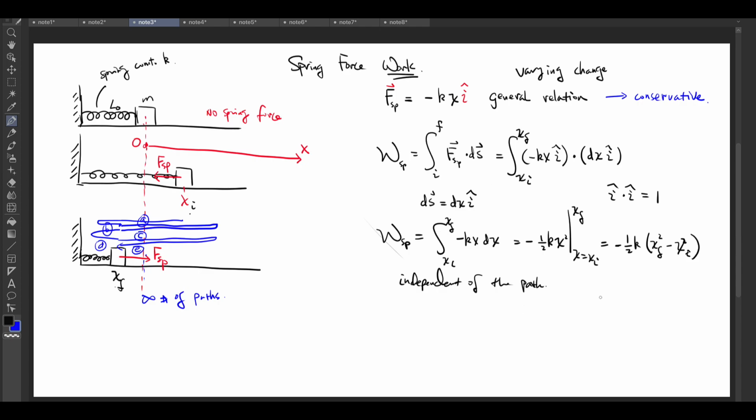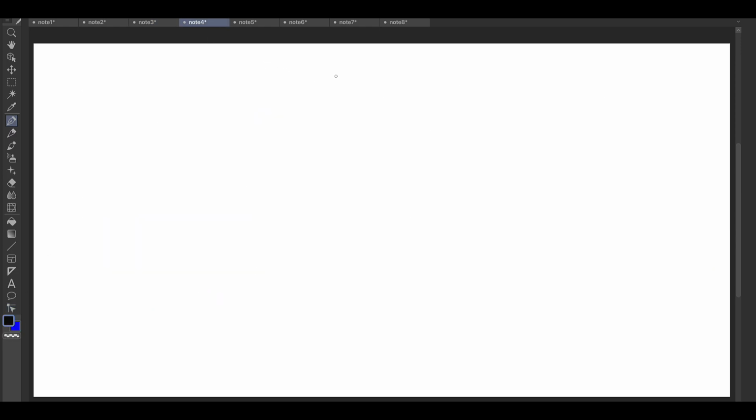And again, in the future, we talk about the potential energy. We'll define the potential energy using this result. Okay, so the work done by spring is given by this useful expression. Okay, so in the remaining of the chapter, I want to just define briefly the power, physical quantity power.